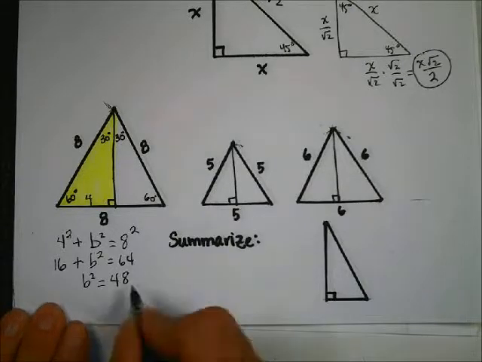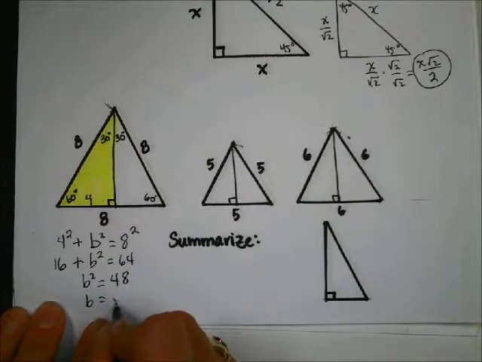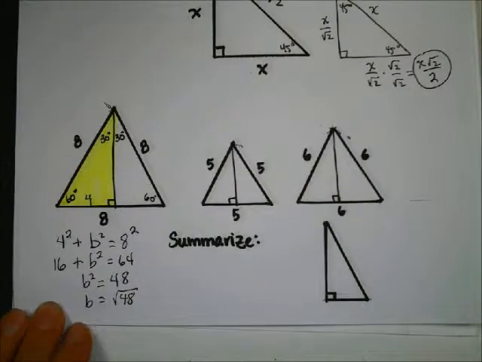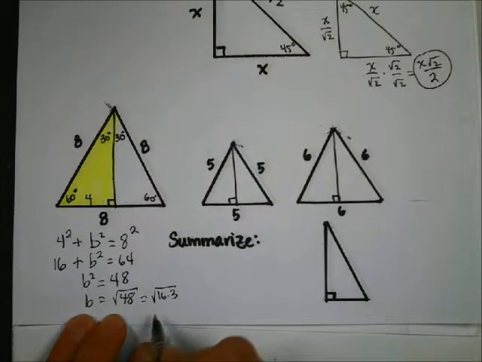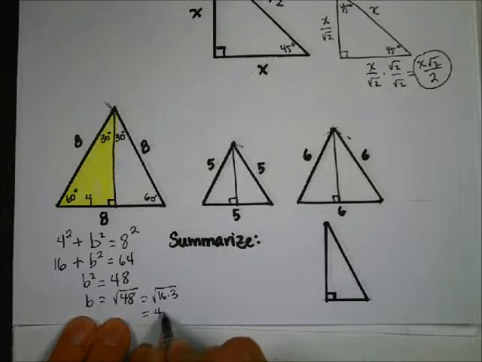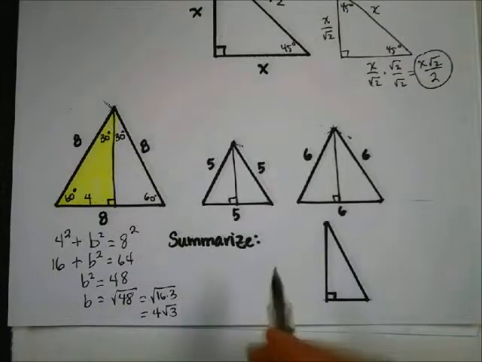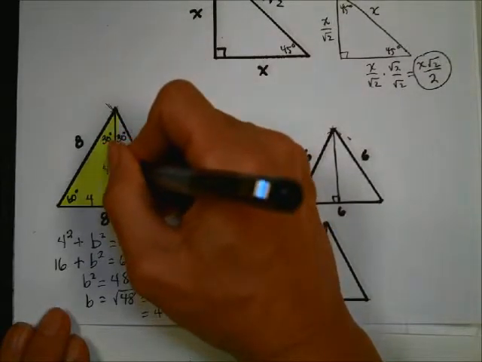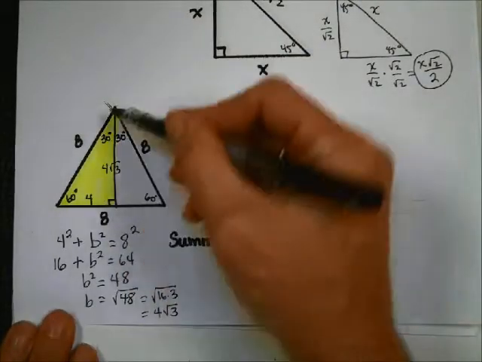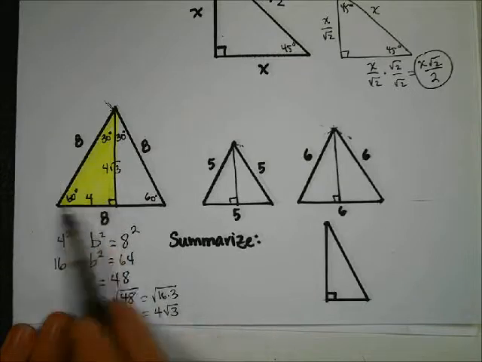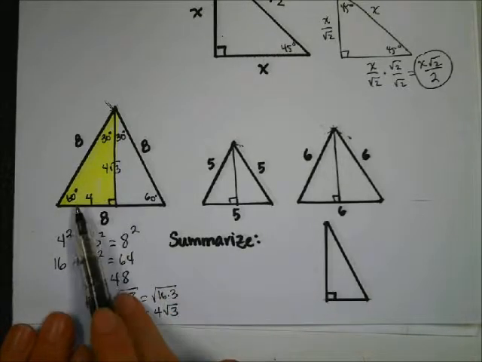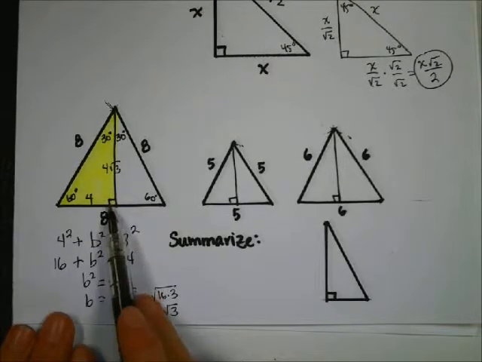Then b is the square root of 48, which if we change that to 16 times 3, that is 4 times the square root of 3. So that makes this side right here 4 square root of 3, or the length of this side. So in just looking at this triangle, we can see that the 30, 60, 90 triangle can easily be solved.